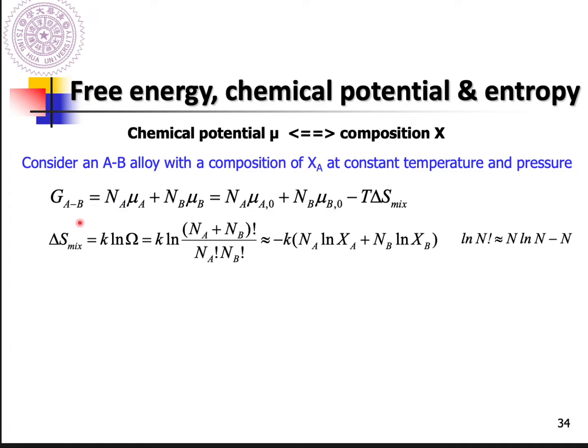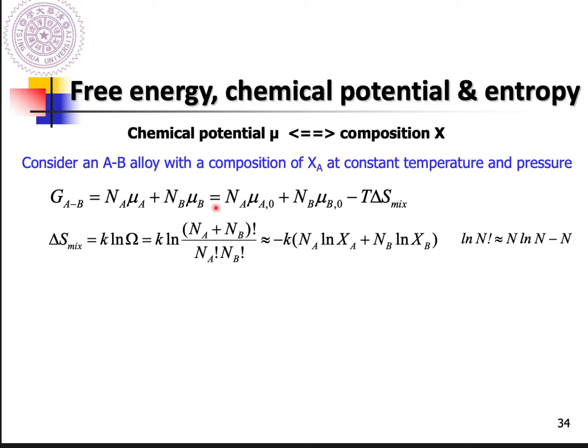Okay, then can you formulate the total free energy of this AB alloy? Yes, you can express it like Na, the number of A atoms in this AB alloy, times the chemical potential of atom A, plus the number of B atoms times the chemical potential of B atoms.